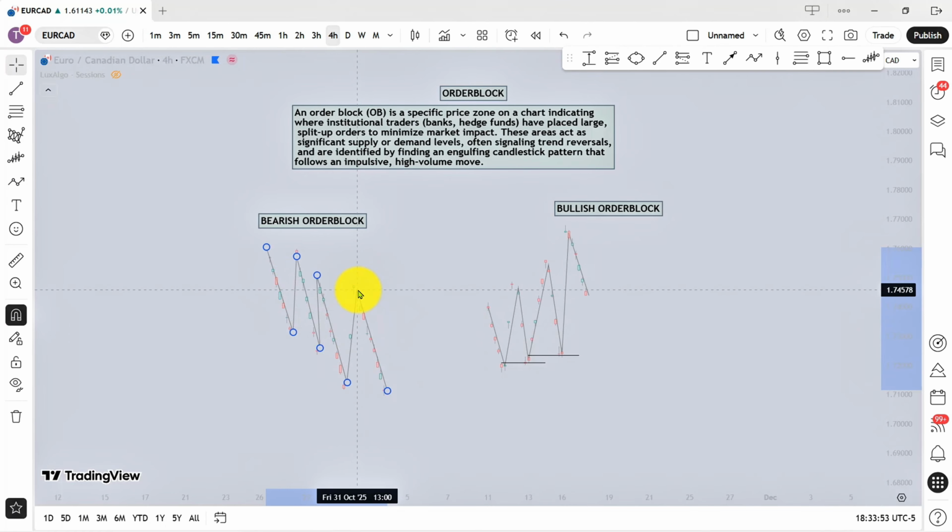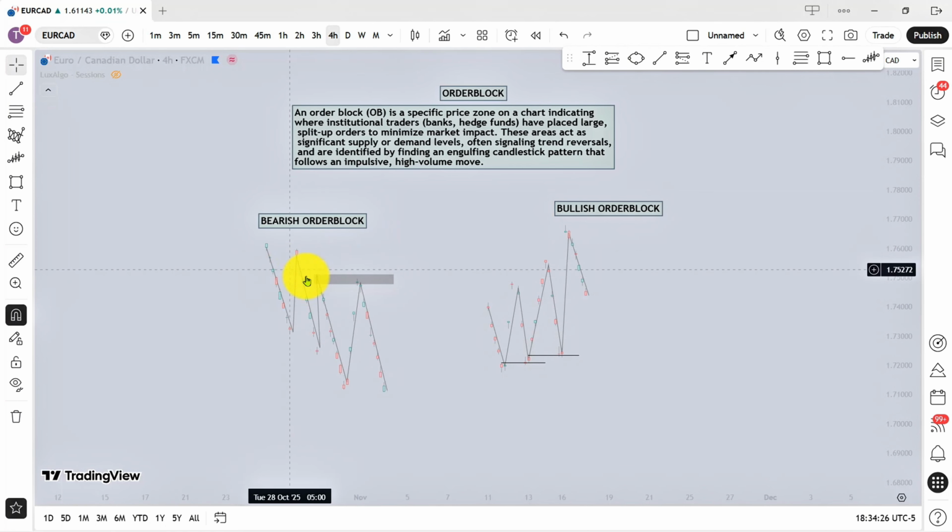And in this case, we have this as the last bullish candle before the market reversal at this point. So if you have price coming like this, and you have a proper break of structure at this low, you're looking to take a trade at the retracement leg. When the market is retracing, just look for the last bullish candle before the market reversal.